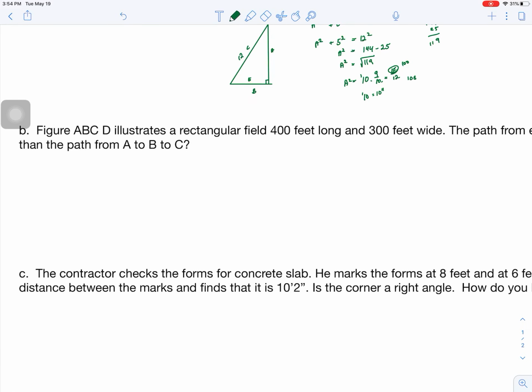Figure A, B, C, D, and I'm going to copy that down. So we have A, B, C, D, which is a field, and it's 300 by 400.